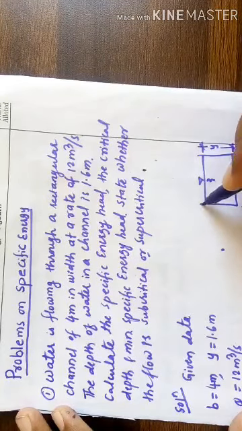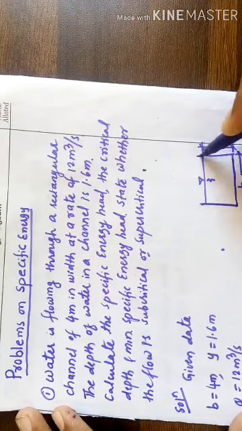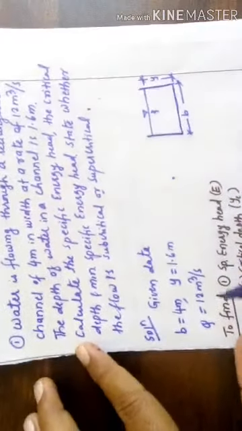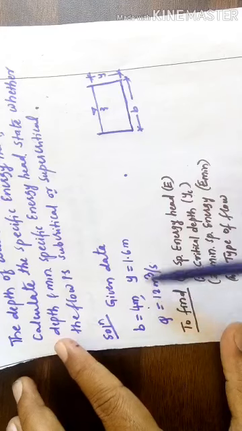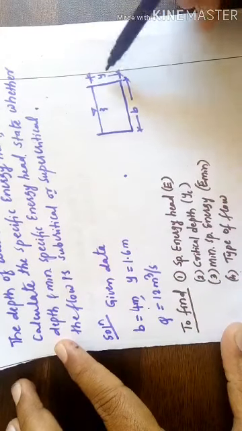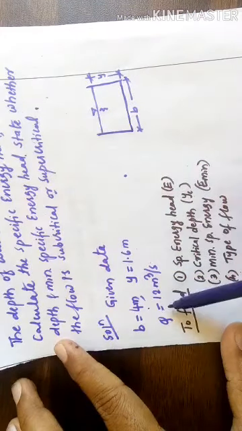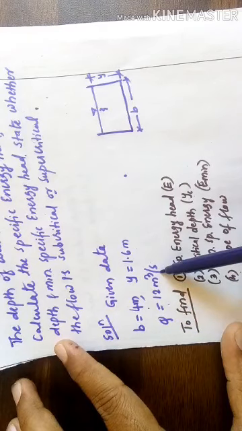So here the rectangular channel is given, of width 4 meter. Here is the given data: width is 4 meter, depth of flow y is 1.6 meter, and Q is 12 meter cube per second.